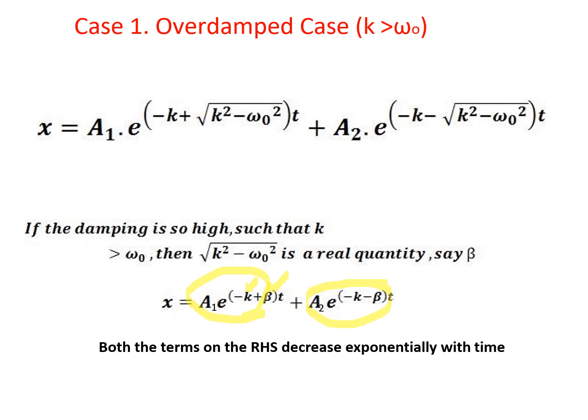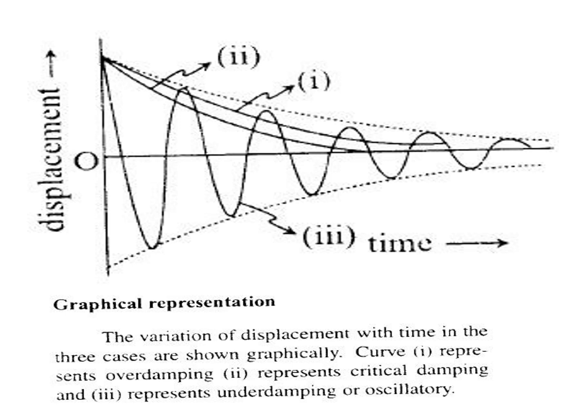Here also you will get a negative exponential. So since both the terms on the right hand side decrease exponentially with time, we do not get any oscillatory motion in the overdamped case. So in the figure, the overdamped case is represented by this curve which is decreasing exponentially with time.